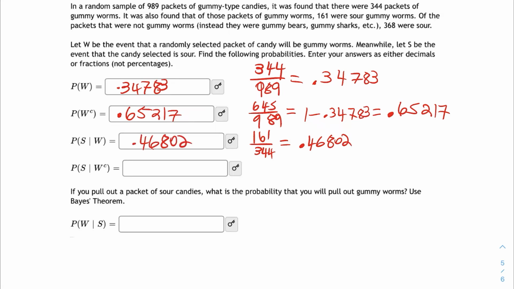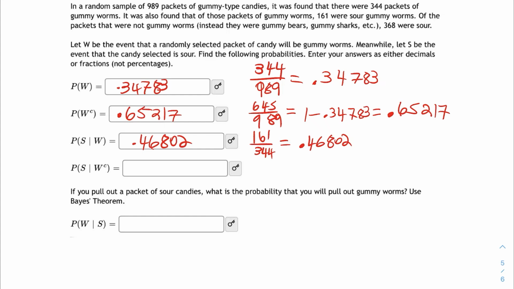And then last in this little block, we have the probability that they were sour given that they were not gummy worms. That's what we're looking for. Well, let's see what else they gave us. They said of the packets that were not gummy worms, so it looks like we're conditioned on the right thing, 368 were sour.